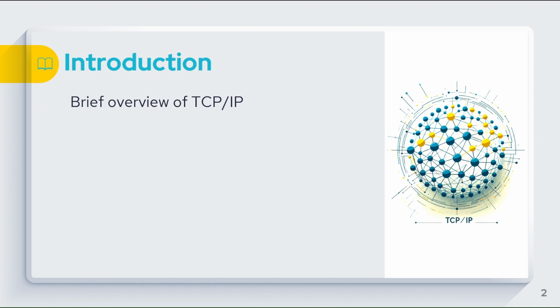So let's understand what TCP/IP is. TCP/IP is a suite of communications protocols used to connect hosts on the internet. It's named after two of its most prominent protocols, the Transmission Control Protocol and the Internet Protocol, IP. TCP/IP provides end-to-end connectivity, specifying how data should be packetized, addressed, transmitted, routed, and received at the destination, the foundation of internet communication.